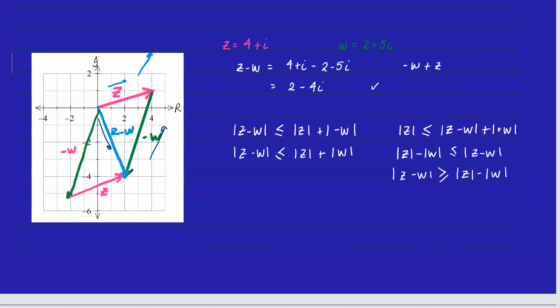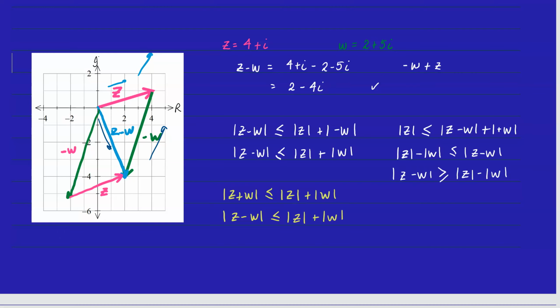So from this triangle inequality and looking at complex numbers, we get three really useful properties. From the original, we've got the modulus of z plus w is less than or equal to the sum of the moduli, and that was pretty straightforward. Then we've got the difference between the two points, that is going to be less than or equal to that.